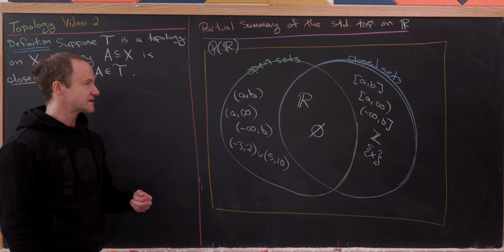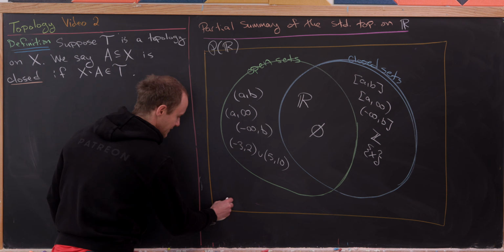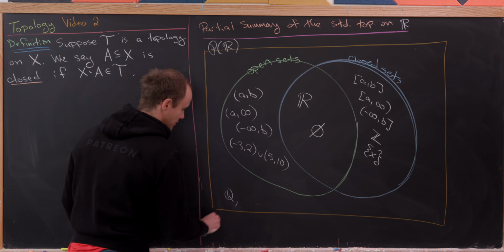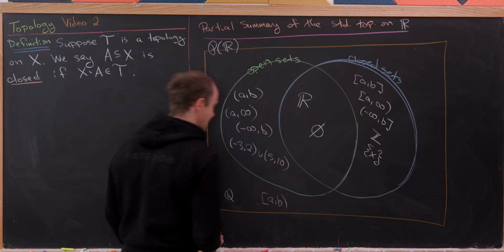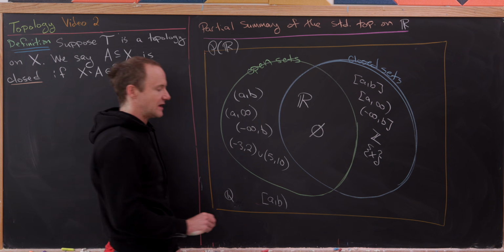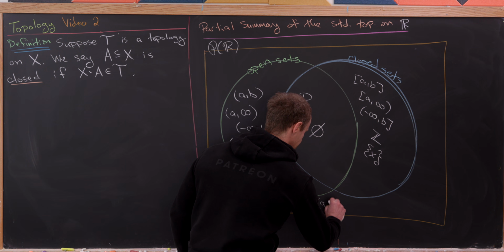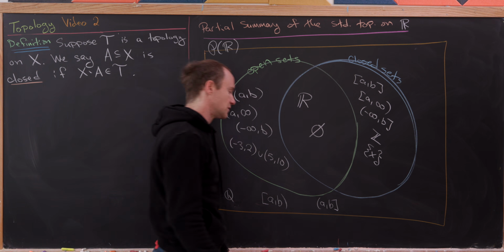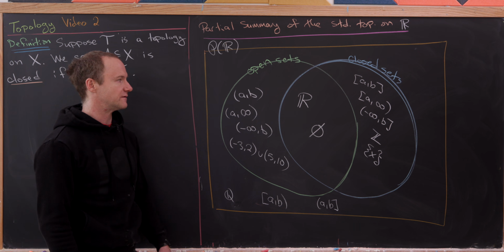And then, well, we saw some things that were not open nor closed. And some examples of those were the rational numbers, and then perhaps the half open interval A to B, including A but not B. And then we could have maybe the half open interval A to B, including B but not A. And then, of course, there are more examples of all of these types.